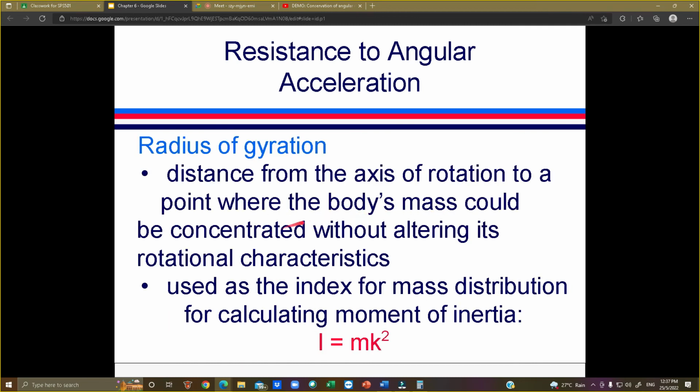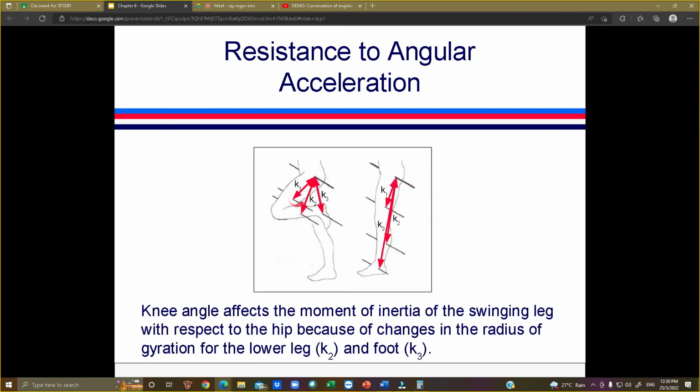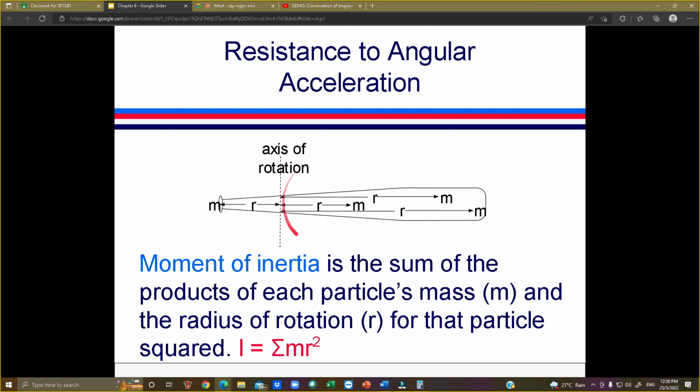But in human, kita akan pakai K, mk squared, because the length between the COG for every single part is going to change according to movement. Means movement bengkok, COG dia berubah tempat. Movement tegak, COG dia lain. The length between the COG and the axis of rotation, kalau untuk solid state, length takkan pernah berubah.